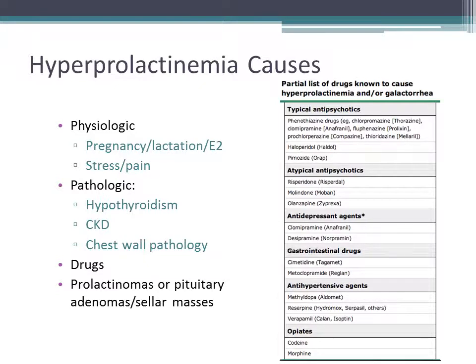So anytime you see a patient with an elevated prolactin level, make sure that you rule out secondary causes for hyperprolactinemia. And eventually, pituitary tumors that are producing prolactin are in the differential diagnosis as well.